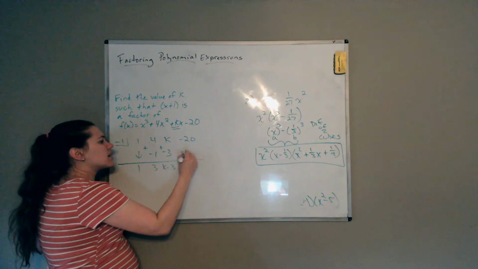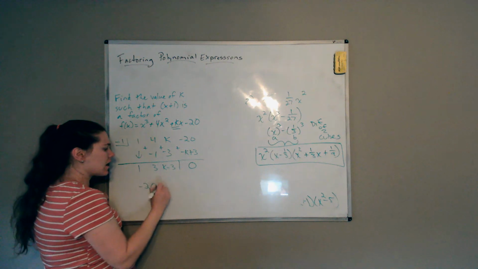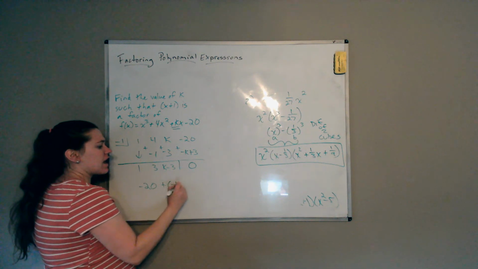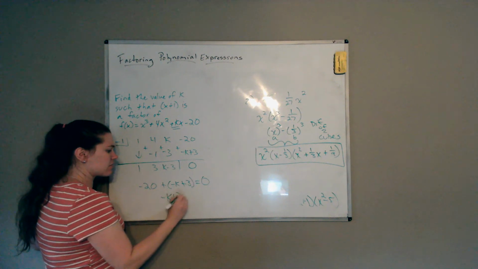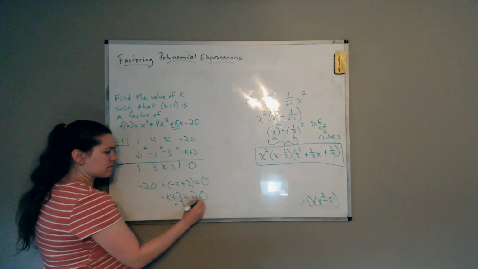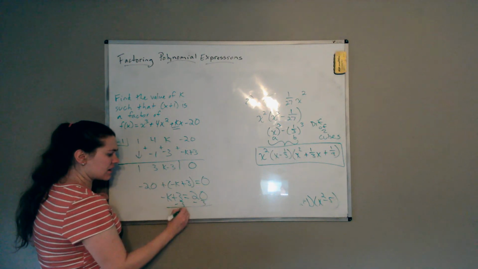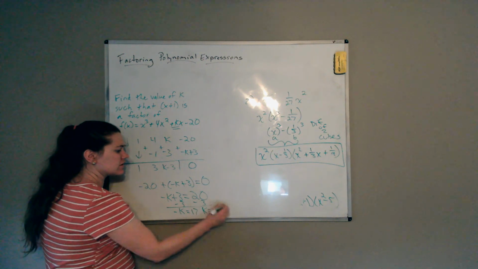That's going to give you negative k plus 3, and then you add that. So negative 20 plus negative k plus 3 equals 0. So negative k plus 3 equals 20. So take away 3 from both sides, and you get negative k equals 17. So k equals negative 17.